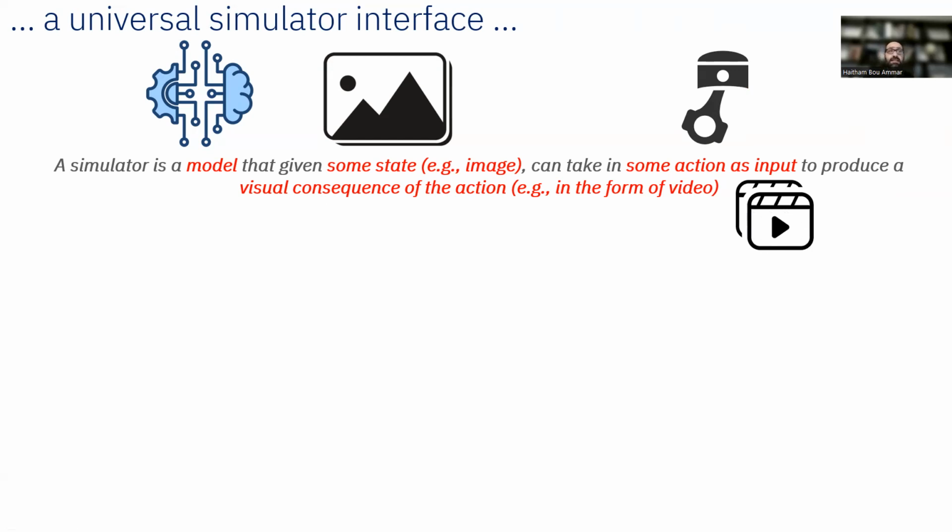So the input is an image, which is the state, and an action, which will be textual or mostly textual in this paper, to produce a visual consequence, which is a set of video frames that will describe the consequence of this action applied in this state. So that's how we define a simulator, right?